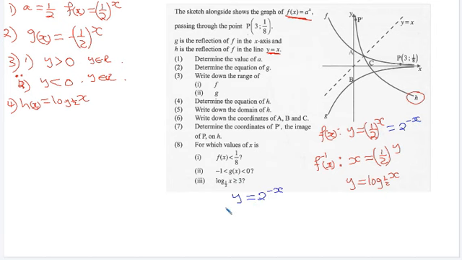And then to get the inverse, we exchange. So x is equal to 2 raised to a negative y. And then make y the subject of the expression. We have negative y is equal to log of x in base 2, but we don't leave our y being negative. So we divide both sides by negative 1 to have y equal to negative log of x in base 2.